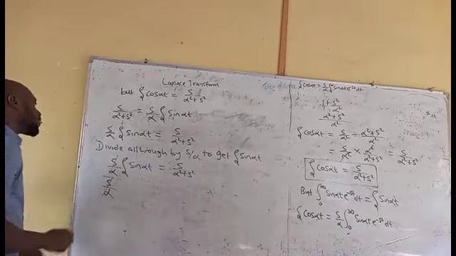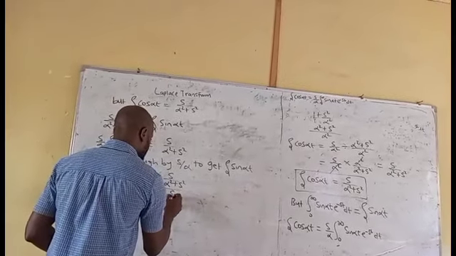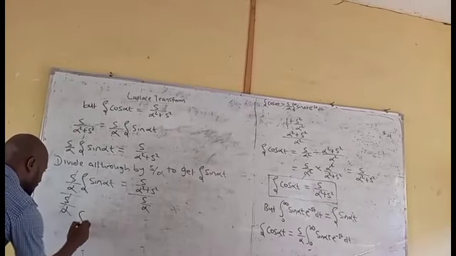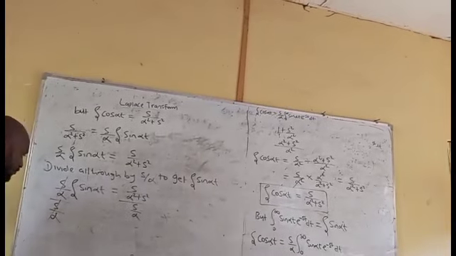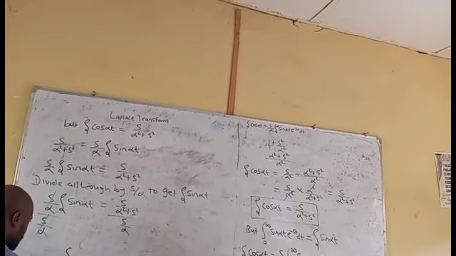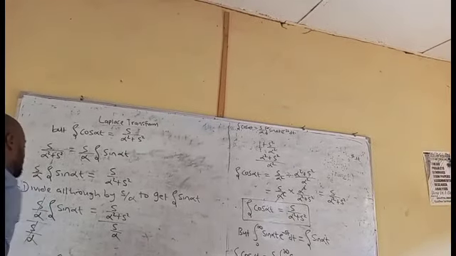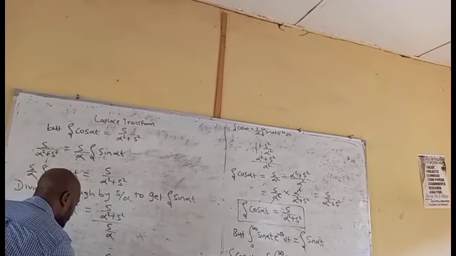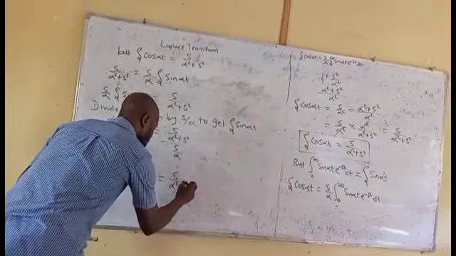So this will cancel this. So that will be over s over alpha. So we now have the Laplace transformation of sine alpha t will give you something as s over alpha squared plus s squared.